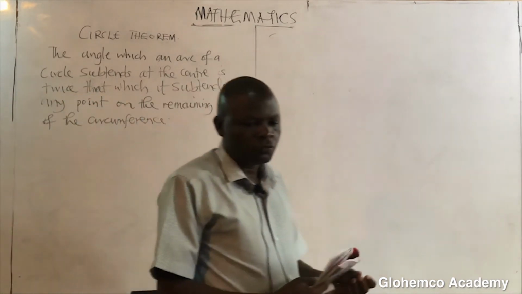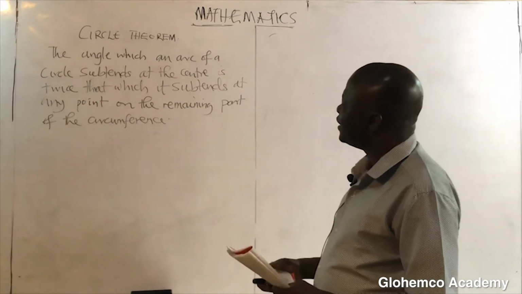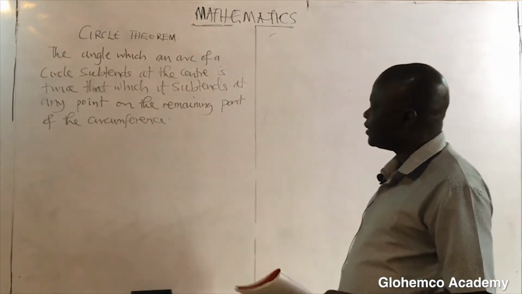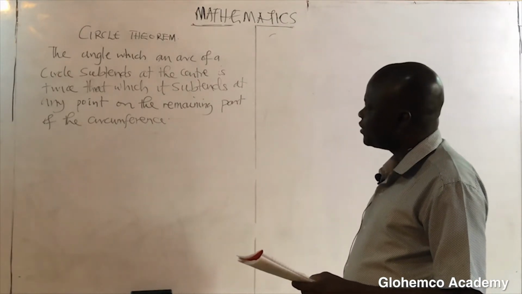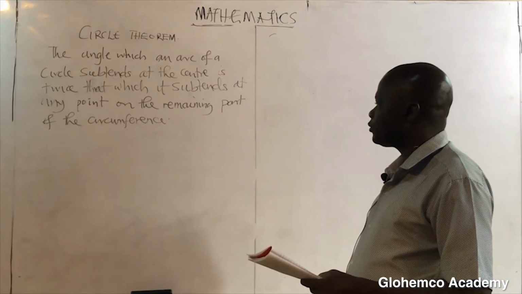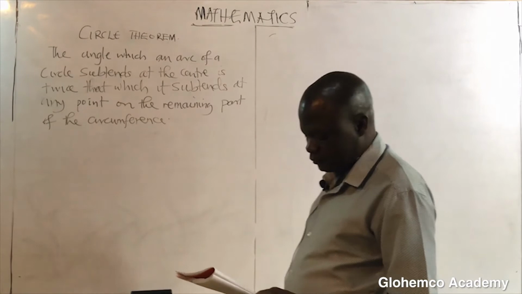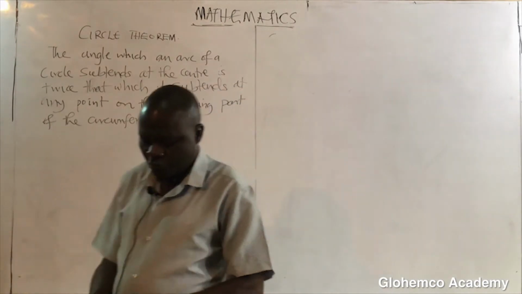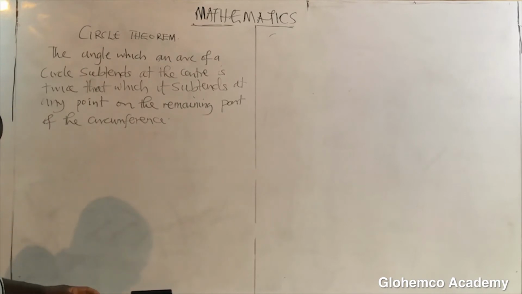We are to show or prove that the angle which an arc of a circle subtends at the center is twice that which it subtends at any point on the remaining part of the circumference. There are some things that we are going to look into.